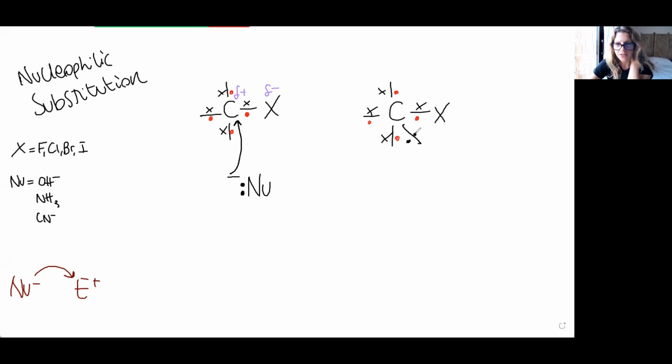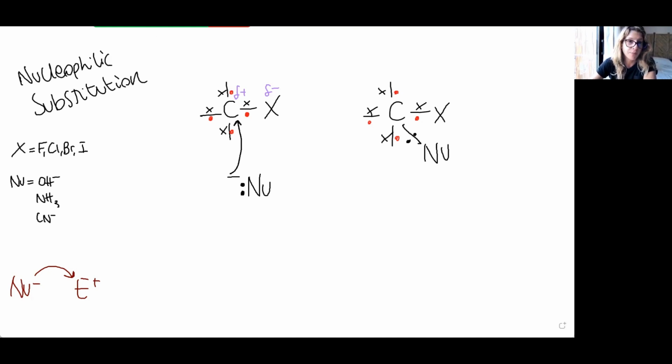Those electrons, this curly arrow, connected the nucleophile and the carbon. However, this does not occur, because notice how many electrons the carbon would have, and that's what we need to keep in mind. Look, this is a new bond. Carbon has not gained, but now it's sharing more electrons, because this is a dative covalent bond with the nucleophile. This means that one bond must break.